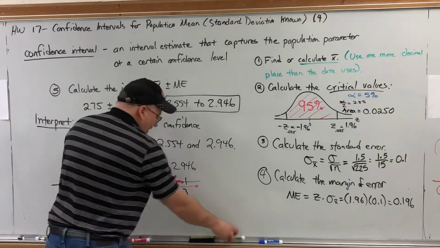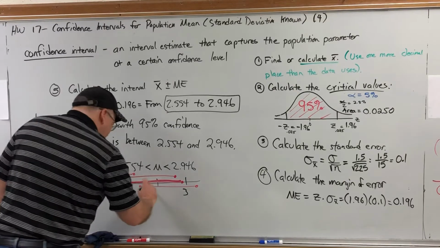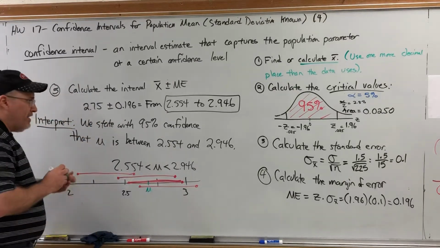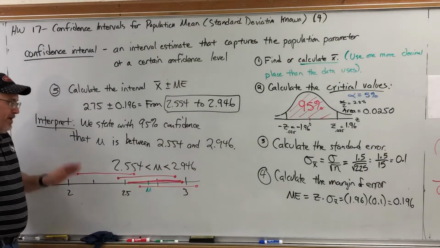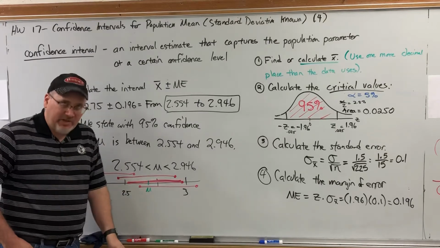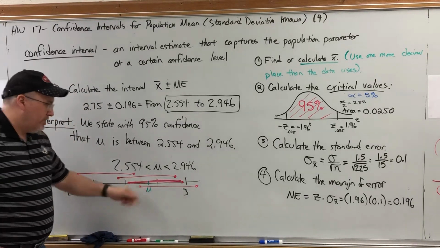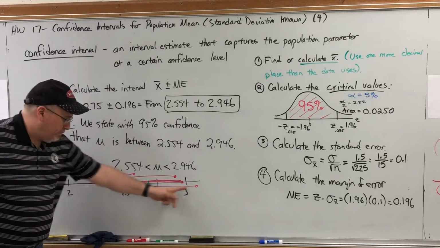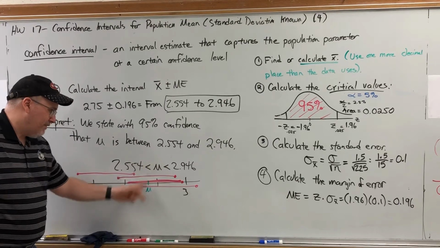Now, somewhere on this number line is the actual value of mu. Maybe it's here, I don't know. But what a 95% confidence level means is if we were to build every possible interval from every possible sample of the same size, 95% of them would contain the mu. This bottom interval, the one that I drew first and the one immediately above it, all contain the value of mu.